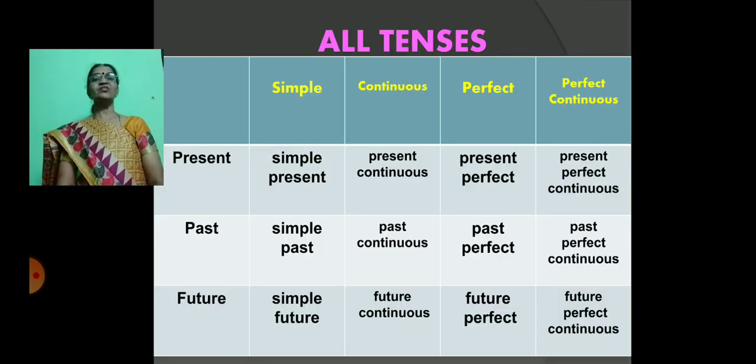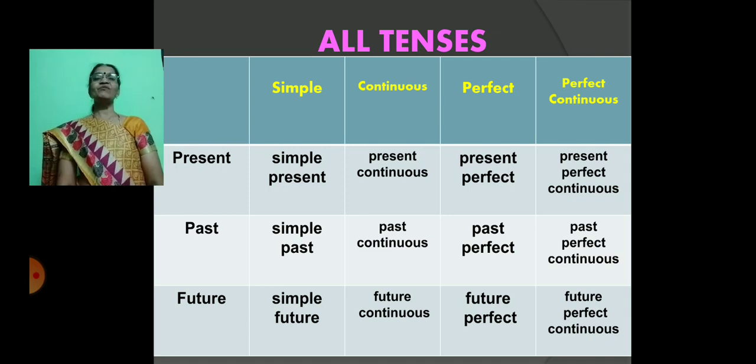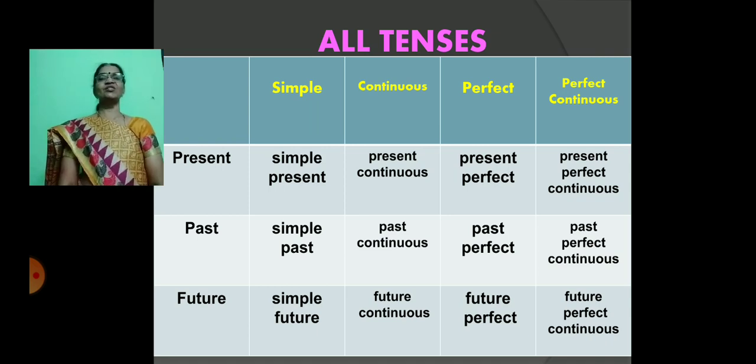Now quickly let's take a look at this chart. So to make the simple present, we use the simple aspect with the time present, and we make it as simple present. So for the second aspect, continuous, we don't say continuous present, we say present continuous.